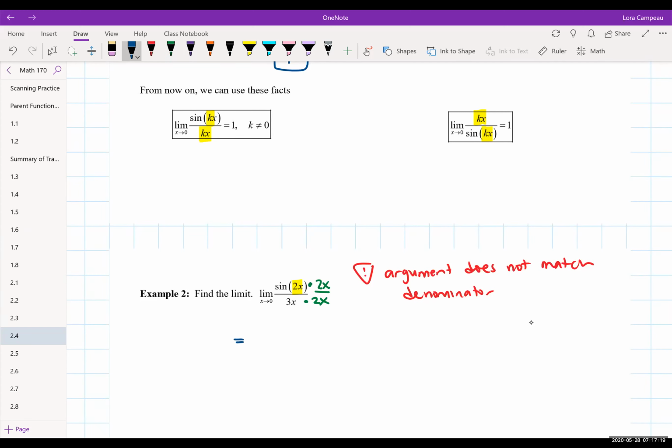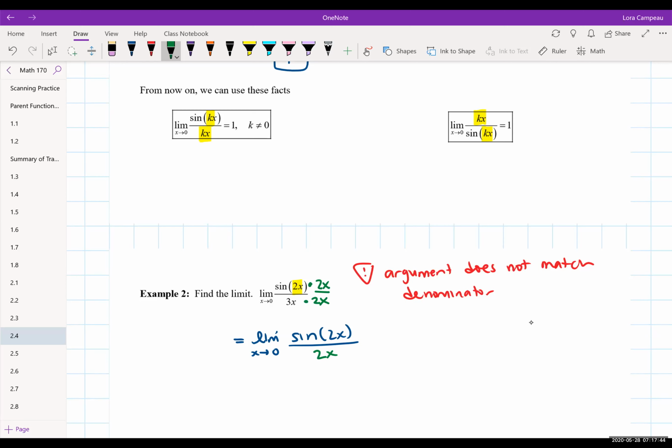And we try to see, as the limit as x approaches 0, I'm going to keep the sine of 2x involved. And I'm going to do a little bit of reversal. 3x times 2x is the same as 2x times 3x. So I'm going to rewrite it so we have the sine of 2x over 2x.